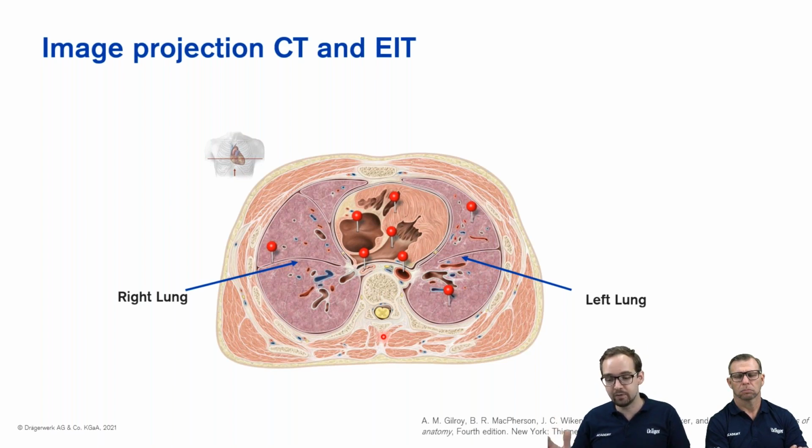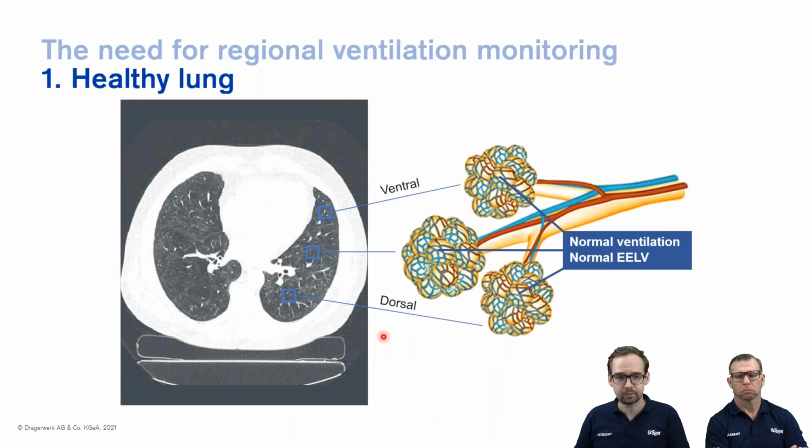And now in the next few slides, you will see that there are, of course, fundamental differences between CT and EIT. Let us start by looking at lung function. Electrical impedance tomography is a lung function monitor. So what are we expecting? When we're looking at a healthy lung, you can see this CT scan on the left.